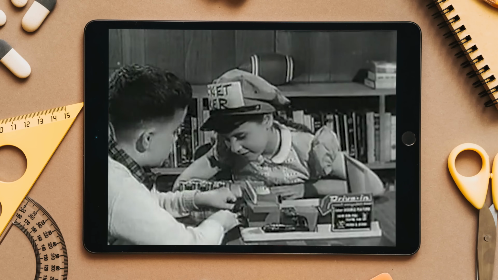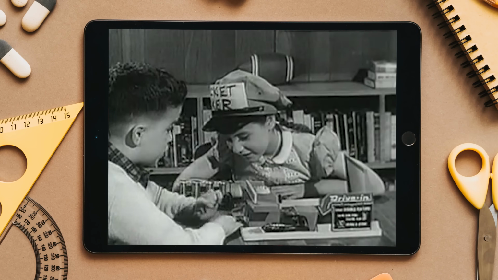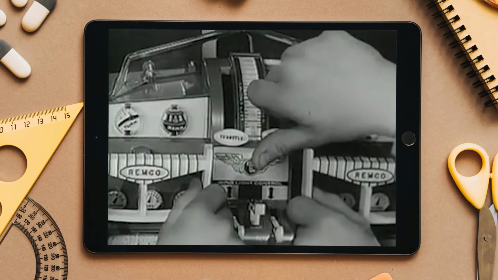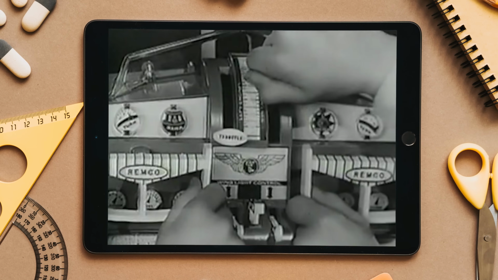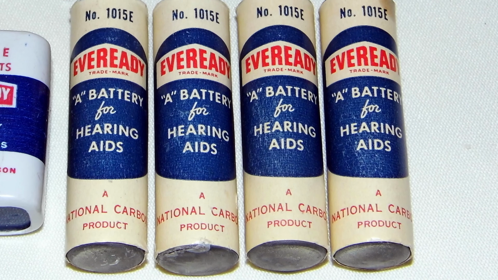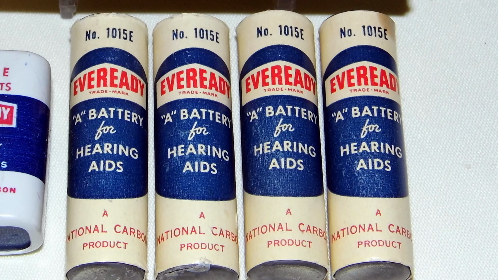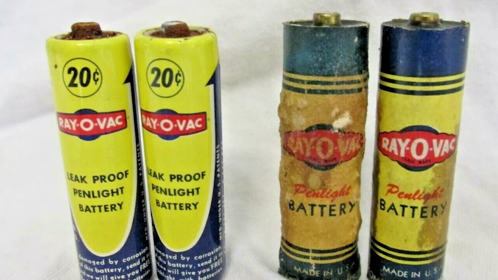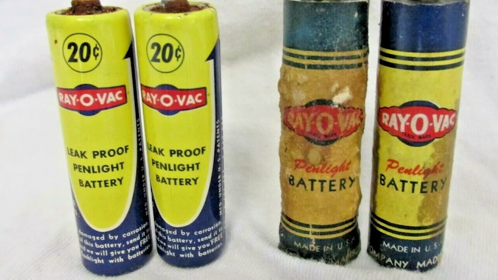Before 1947, when ANSI standardized battery sizes, the system started with the letter A. The A battery was the standard size, and the battery we know today as AA was called the penlight battery or pocket flashlight battery. When ANSI established the standard in 1947, they reorganized the naming system, and the original A battery was discontinued because it was an awkward size. It was too big for some devices and too small for others.